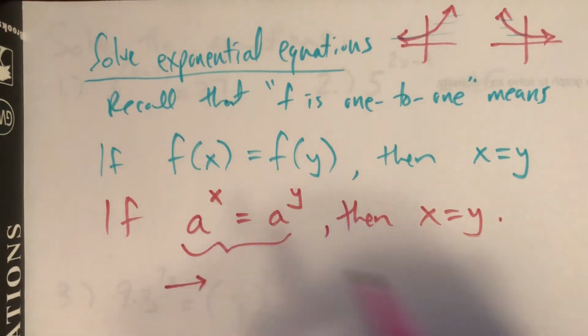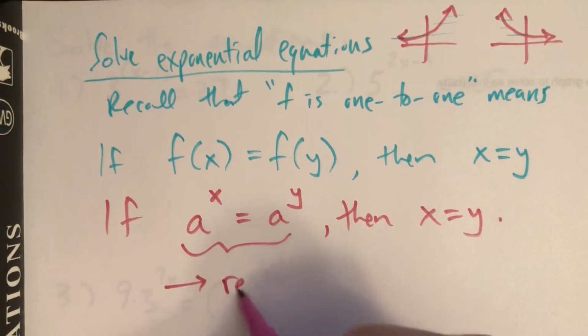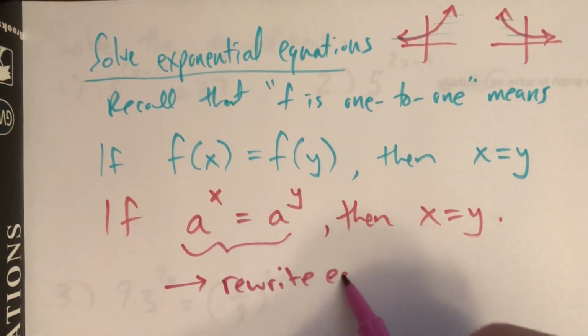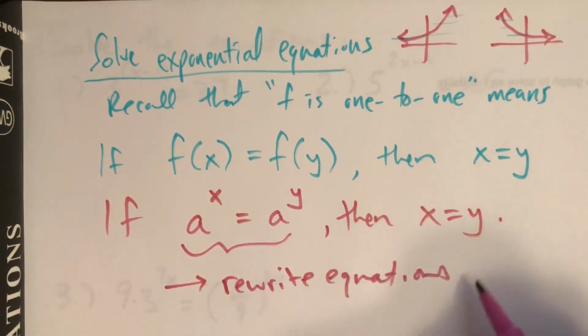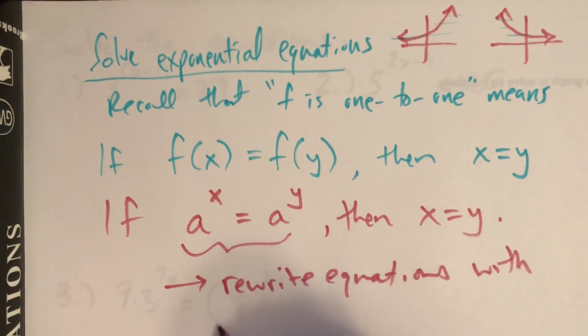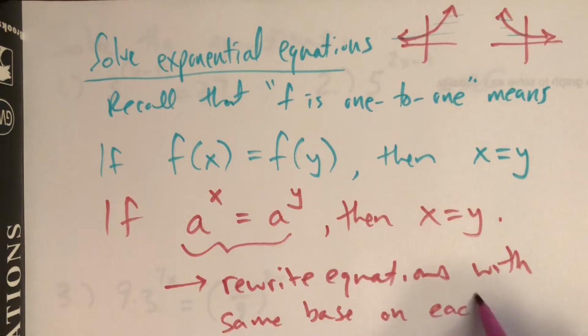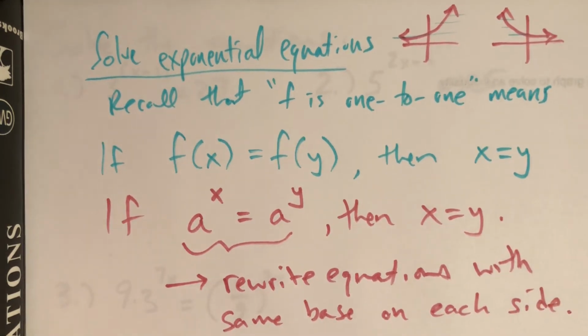This gives us a roadmap of what to do: we're going to rewrite the equation with the same base on each side. Okay, we've got a strategy here, and we can get rolling.